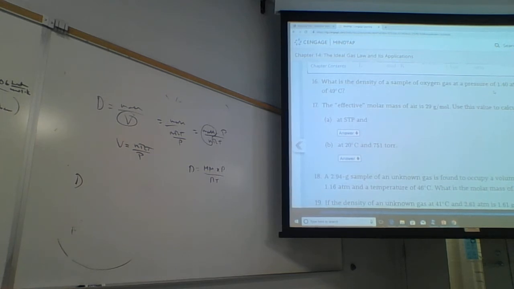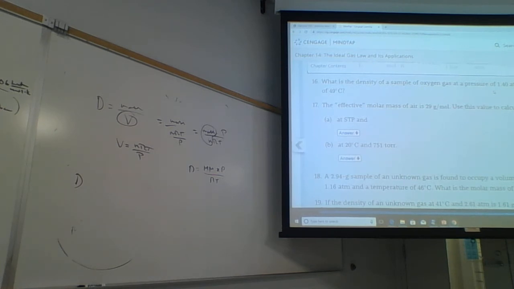And so the density of air is equal to molar mass of air times P over RT. The molar mass they're giving us is 29 grams per mole. The pressure, we're just going to use 1 atmosphere, divided by R, 0.08206 liters times atmosphere per mole Kelvin, times T, 298 Kelvin, which is about room temperature.